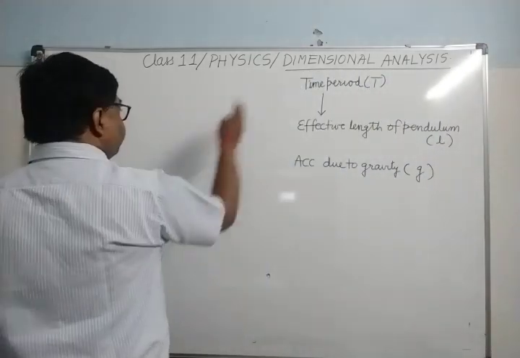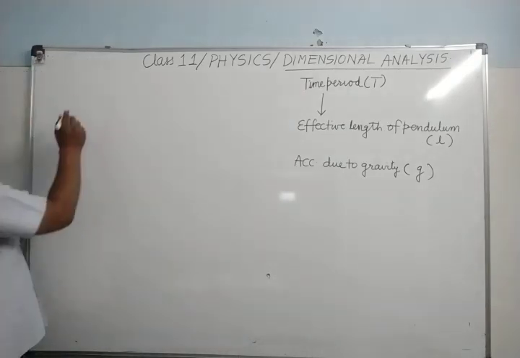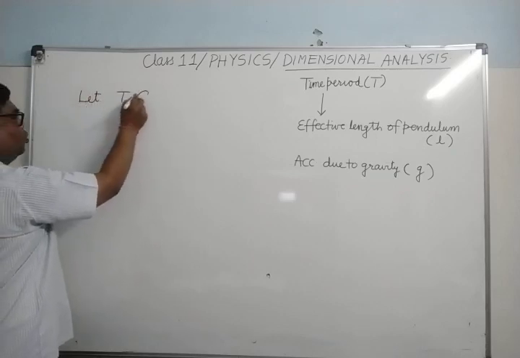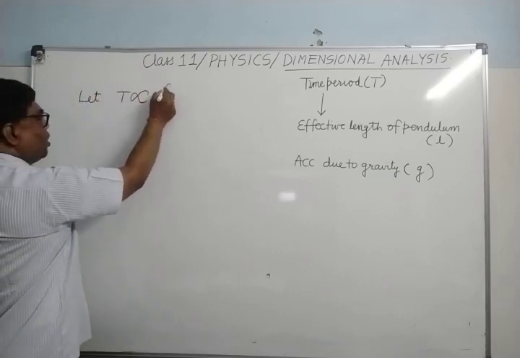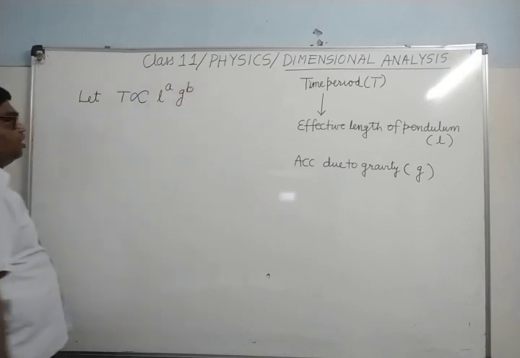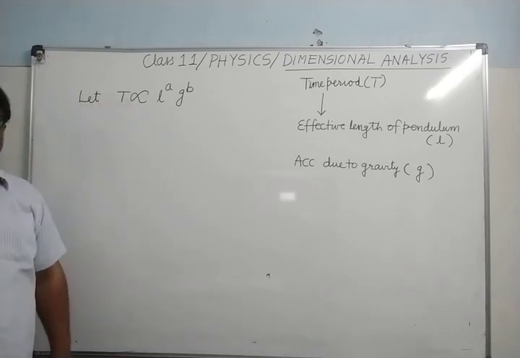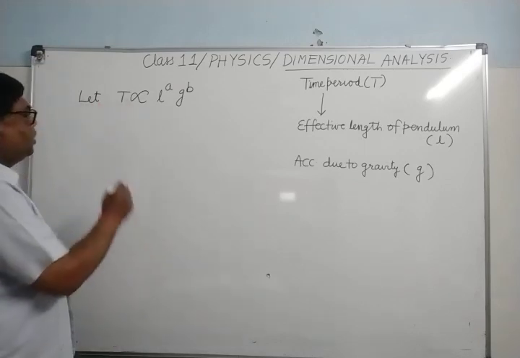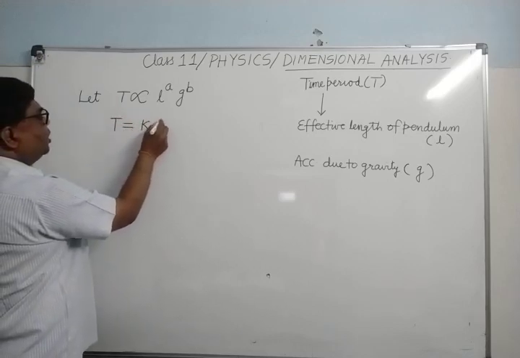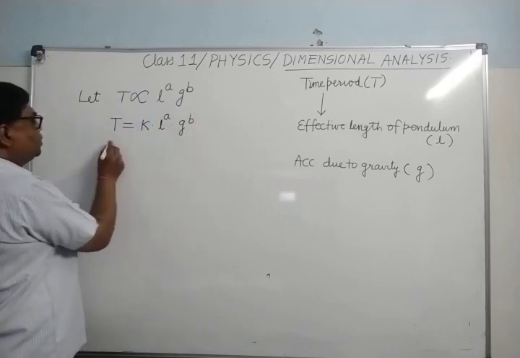Here the time period I am representing by capital T. Now let T be proportional to L to the power A and g to the power B. So we can write T equals K into L to the power A into g to the power B. What is K?